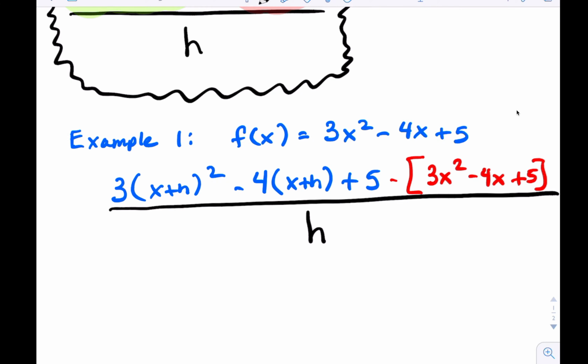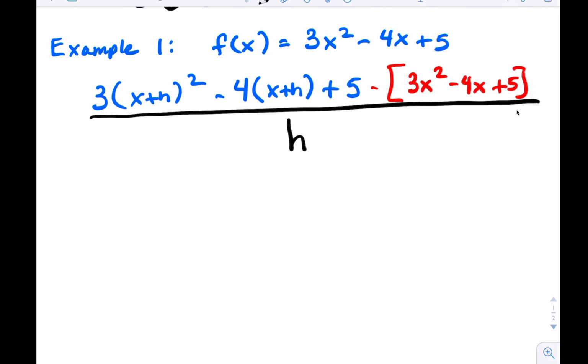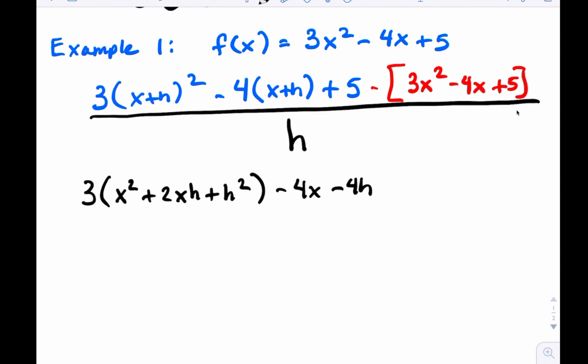All we need to do now is simplify. Now I have 3x squared plus 2xh plus h squared minus 4x minus 4h plus 5 minus 3x squared plus 4x minus 5.